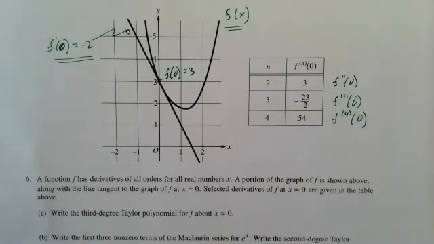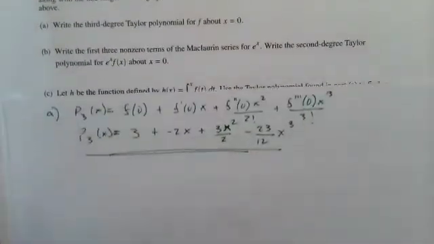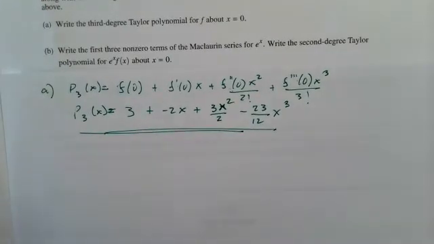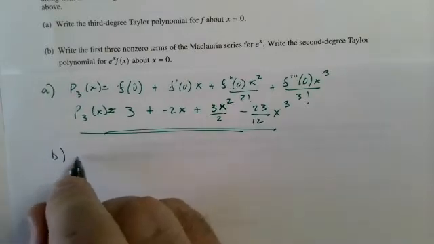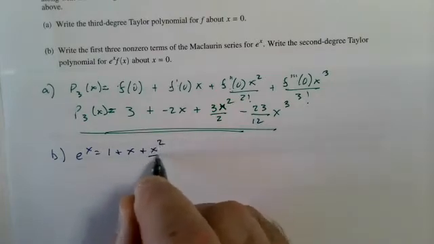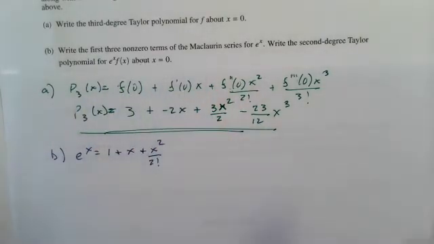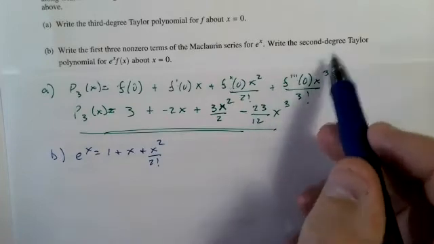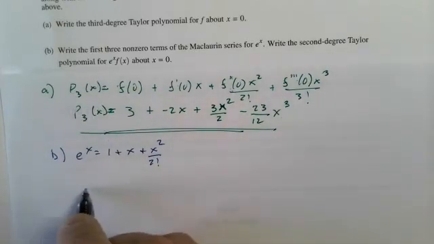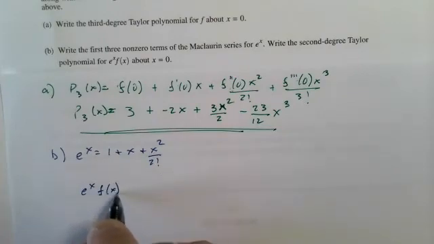Part B. Write the first three non-zero terms for e to the x. First three non-zero, got it. And then write the second degree. Notice we have a third degree here for e to the x times f of x.